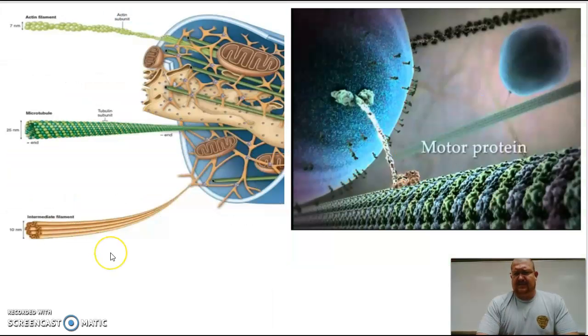The next piece is in the same category as the cell wall and cell membrane, but not really. This is inside the cell, and it provides the structure inside of our cell, the infrastructure, I like to say.